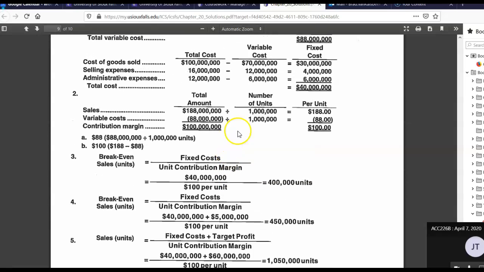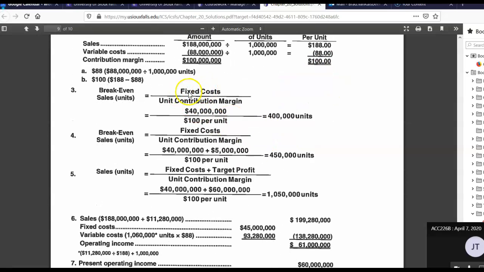Fixed costs, well, we know what that is. We just calculated that in number 1. Fixed costs divided by unit contribution margin, which we did here in number 2. So 40 million divided by 100 means we have to sell 400,000 units, and then we break even, or we equal zero operating income, okay?